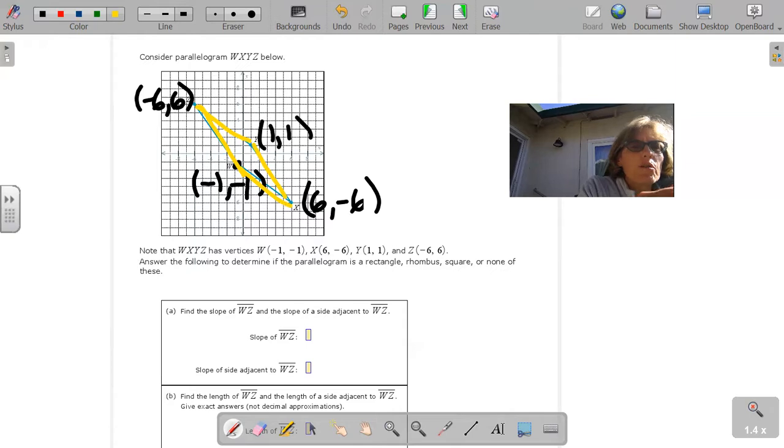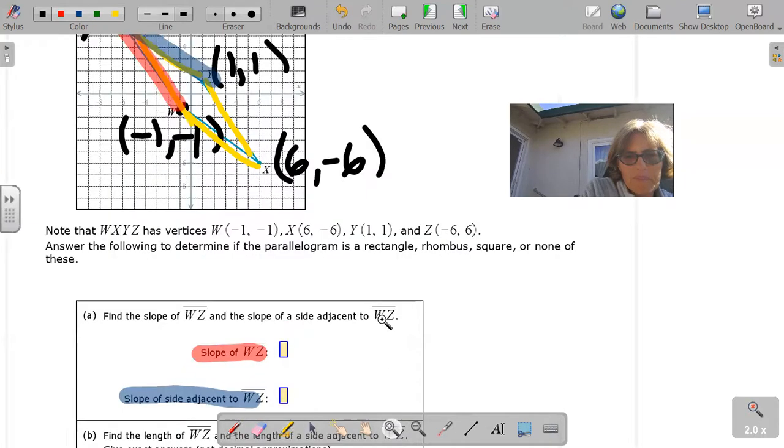So taking a look here, we're going to do the slope of WZ, which is this red, and then a slope of a side adjacent to it. And it doesn't matter which one you do, as long as it's adjacent. So y minus y over x minus x.